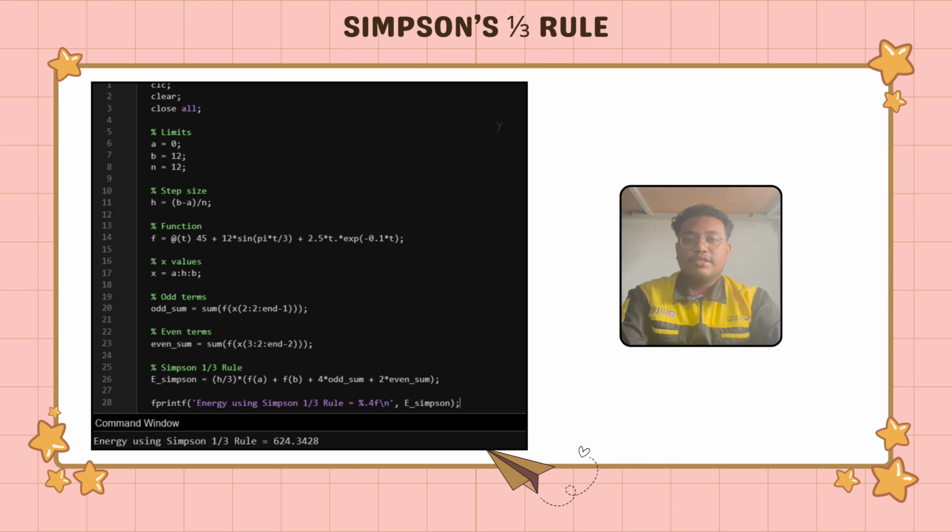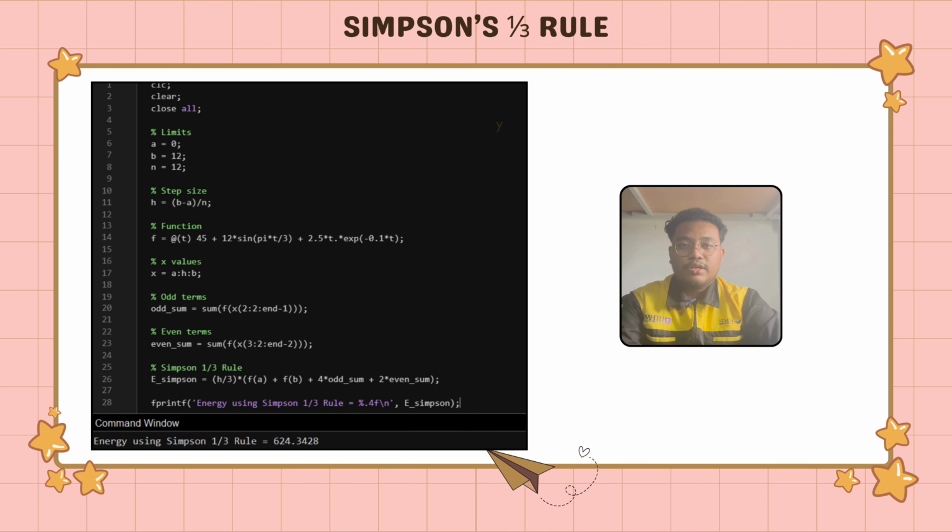For the Simpson's 1/3 rule MATLAB simulation, we need to set up our steps. Firstly, the limits: a equals 0, b equals 12, n equals 12. Then we set up the step size, h equals (b minus a) over n.